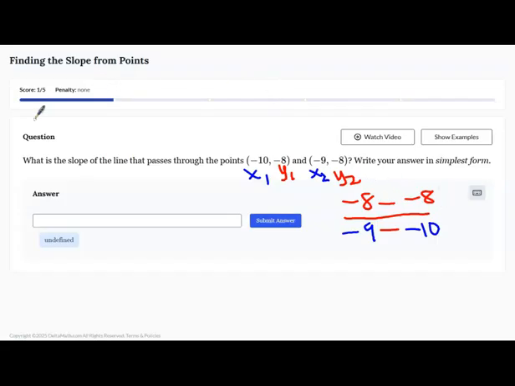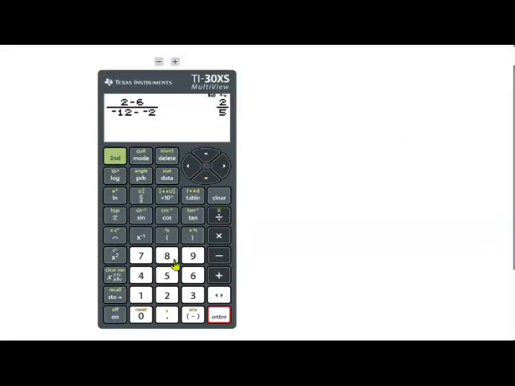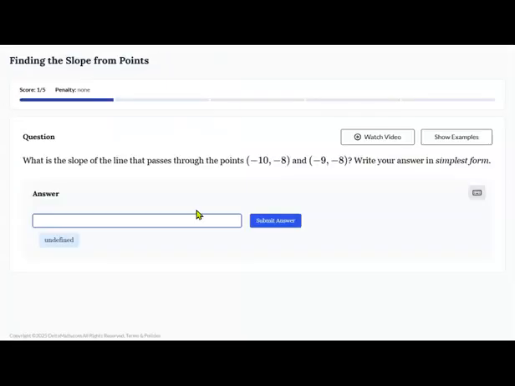So we're going to open that calculator again, and we're going to type in that fraction. So type your fraction button, type -8 minus -8, and then in the denominator, -9 minus -10. So our slope is 0.